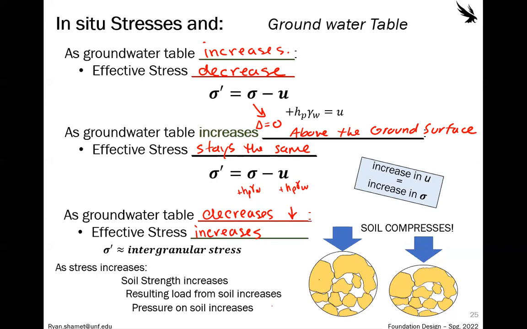So literally the whole soil mass is just being compressed and compressed, and it's just because of the dewatering. So groundwater is really crucial in geotech, and it plays a lot into the strength of the soil and the general mechanics that we'll see.